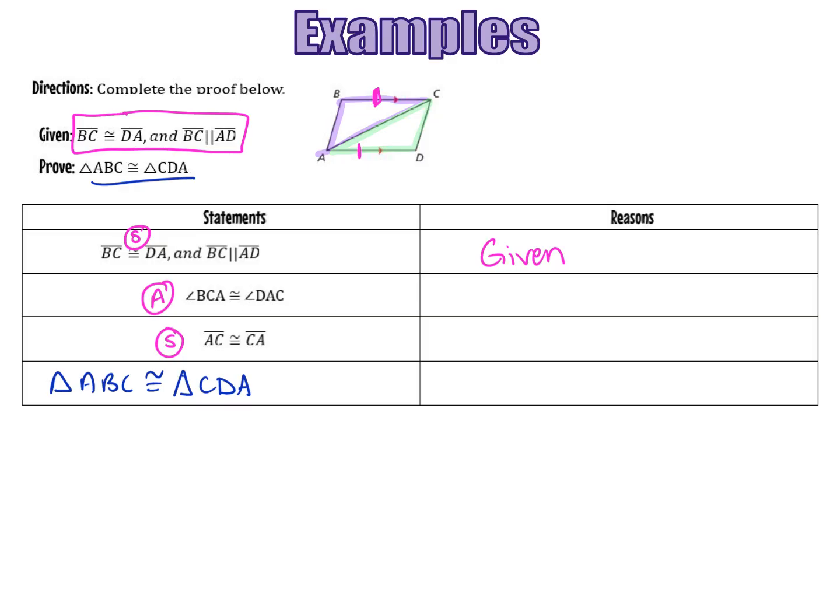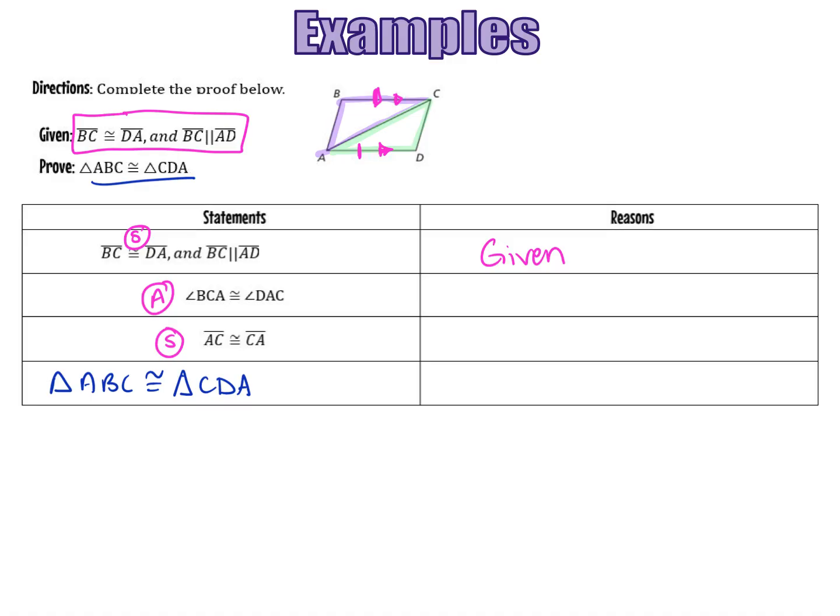Looking at my image, the only other piece of given information is that I have some parallel lines. BC is parallel to AD. Well, if I have two parallel lines cut by a transversal, and in this case, that transversal is AC, then I know that I have some alternate interior angles that are going to be congruent.